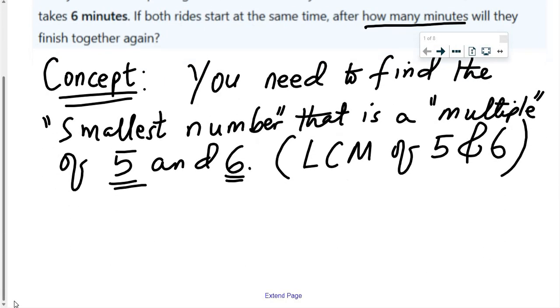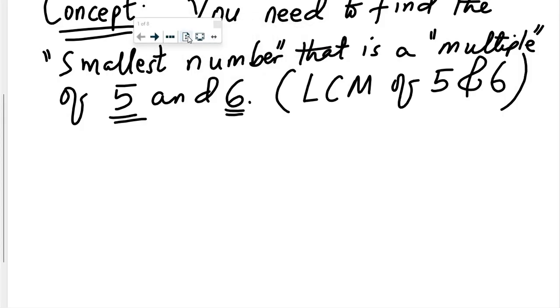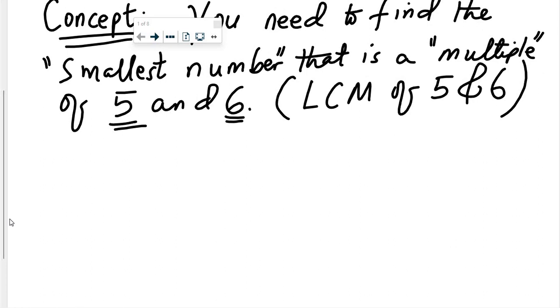Now, how do we find the LCM of 2 numbers, 3 numbers, 4 numbers, 5 numbers, and so on? How do we find the LCM? To find the smallest number that is a multiple of these two numbers, we use the method we call prime factorization.